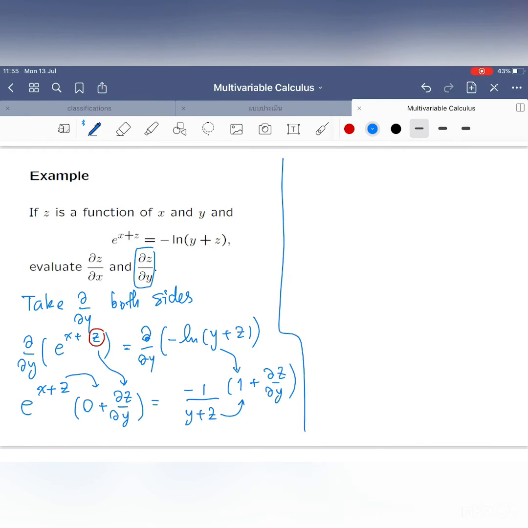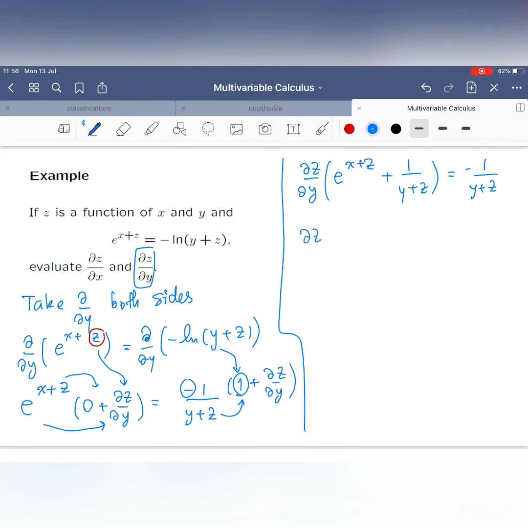So to calculate this one, you just pull the things together. So here is already there, and then you have the addition of 1 over y plus z, and then this one is already on this side, which is negative 1 over y plus z.